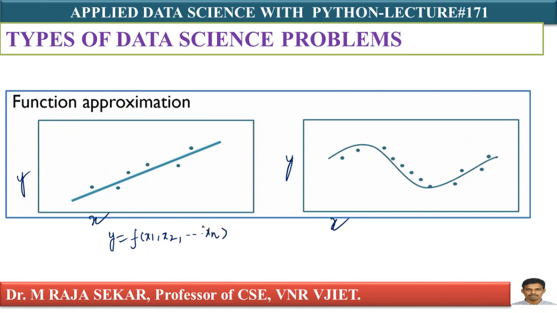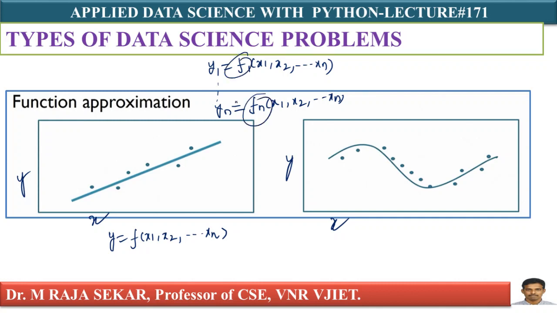Or you could also have many outputs which are functions of many attributes: y1 equal to f1 of x1, x2, so on, xn, and so on, yn equal to fn of x1, x2, so on, xn. So this is also possible. Function approximation is the task of finding these functions f1 to fn.